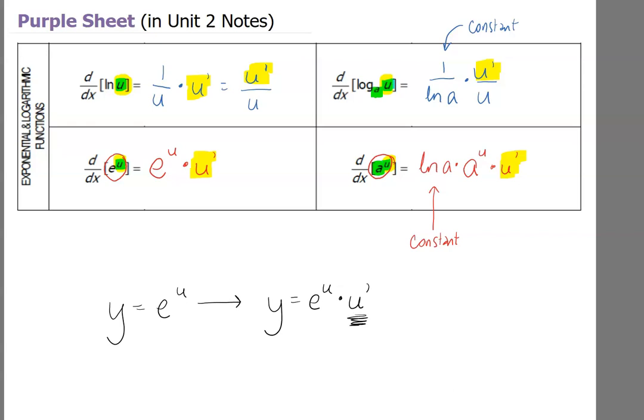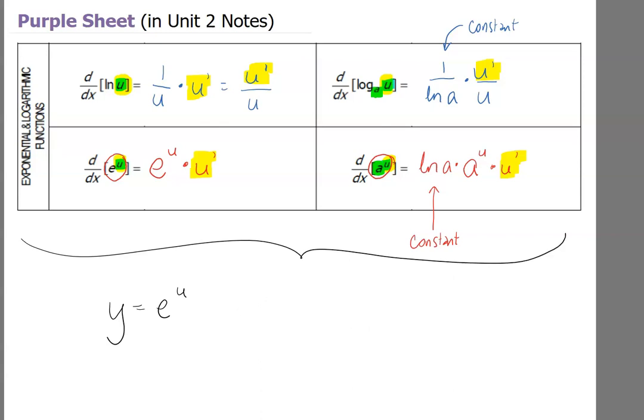The fixer piece is already there. These rules, including the u prime already, help you do the chain rule faster for these types of functions. And so for our logarithmic functions, the stuff on the inside moves to the denominator, and the derivative goes on top. For an exponential function, the original function stays the same, and then the derivative of the exponent is our fixer piece. So those patterns make this go pretty quickly.